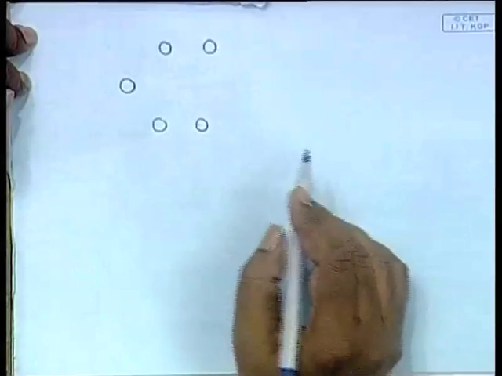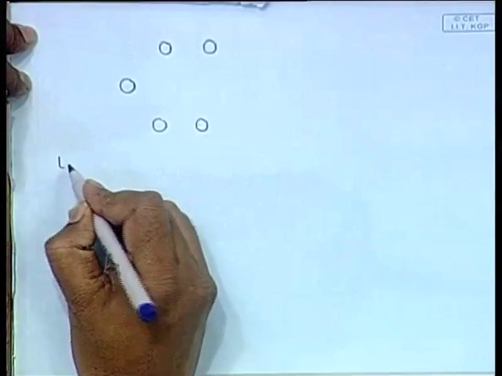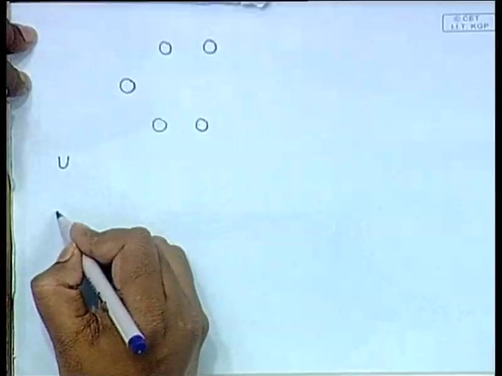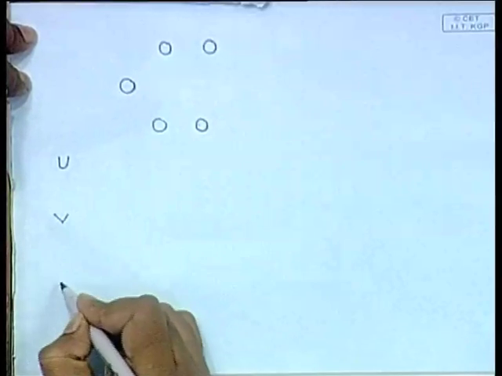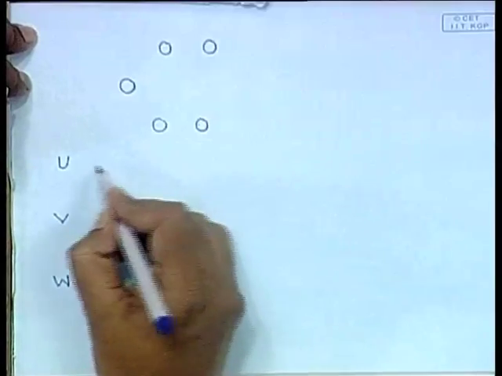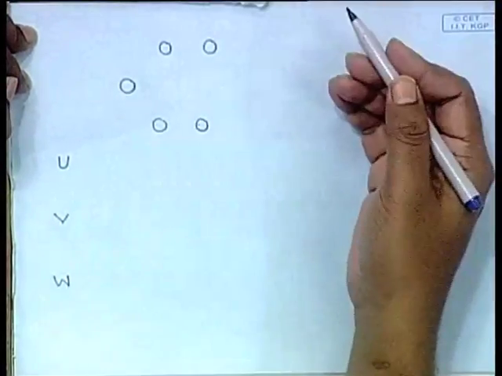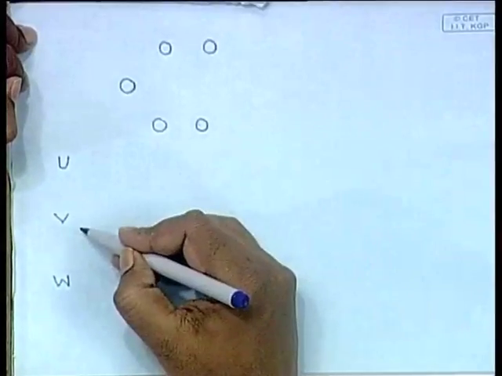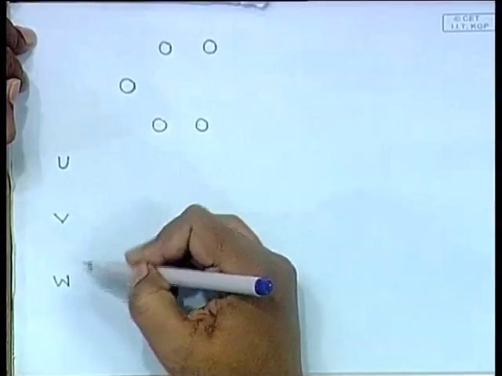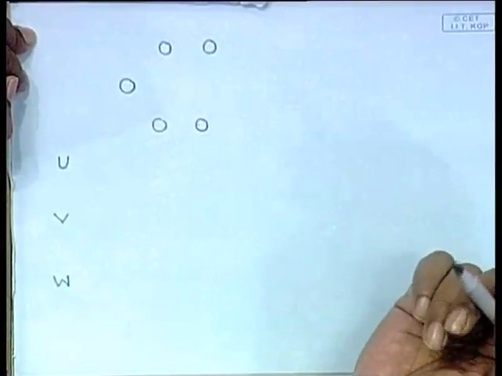Earlier we constructed three matrices: matrix U, matrix V, and matrix W. The U matrix represents the connections from the middle layer neurons to the output layer neurons, and the V matrix and W matrix represent the min and max points of the hyperboxes represented by different neurons.